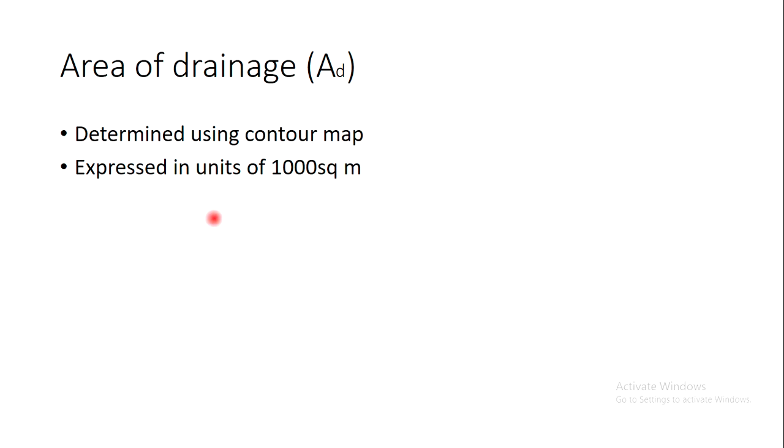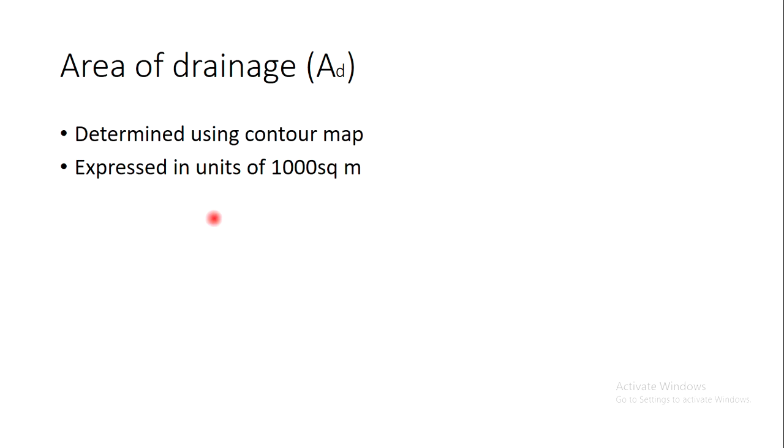Next is the area of drainage. Usually the area of drainage is calculated by using the contour maps. By referring to the contour maps, we can find the area which is contributing flow towards the drain.